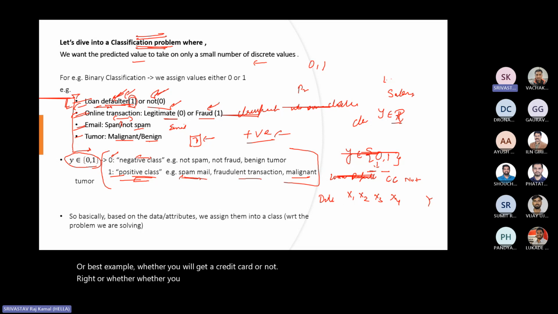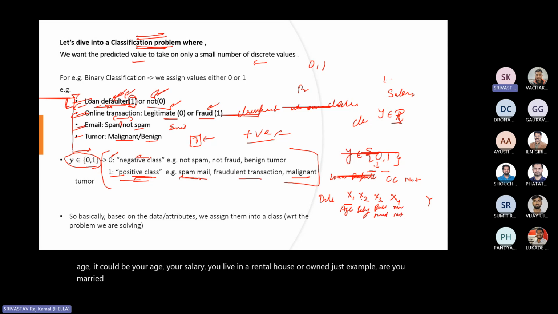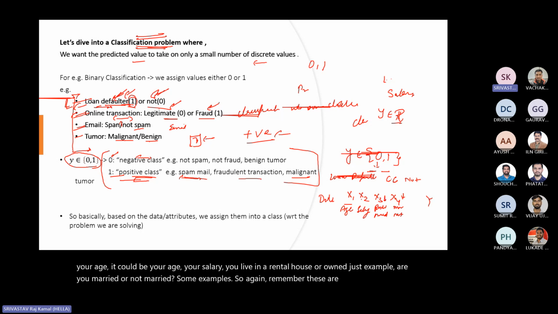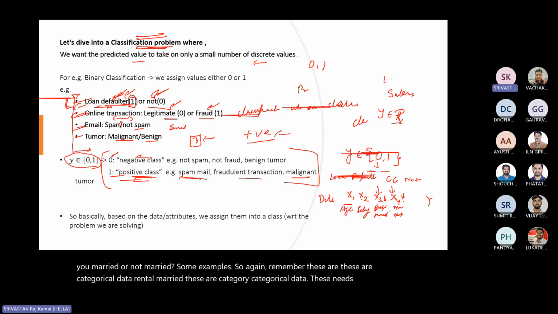What could be the features? It could be your age, your salary, whether you live in a rental house or an owned one, whether you are married or not married. Again, remember these are categorical data. Rental and married are categorical data, and these need to be encoded, one hot encoding.